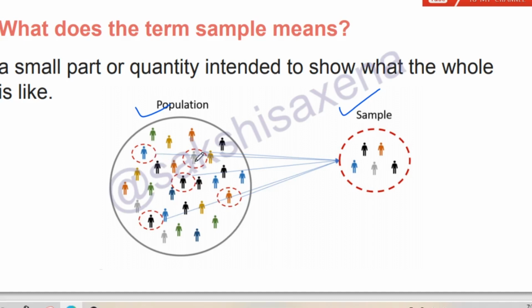The units we have selected from the entire population, we call a sample. So a sample is a part of a population. We can't say that a sample is different from a population; the sample is a part of a population, and the process by which we select the sample from the population for investigation purposes is known as the sampling method.